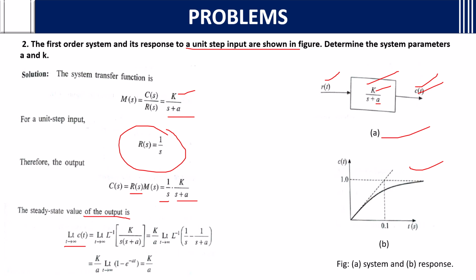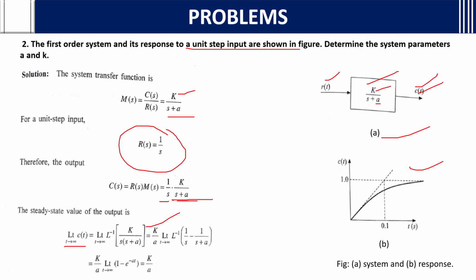Limit t tends to infinity, C of t is equal to limit t tends to infinity, Laplace inverse of this equation. But you can't find the Laplace inverse directly. What we can do is partial fractions, like K by A times 1 by S minus 1 by S plus A. If you take the LCM again, you get the same equation back.